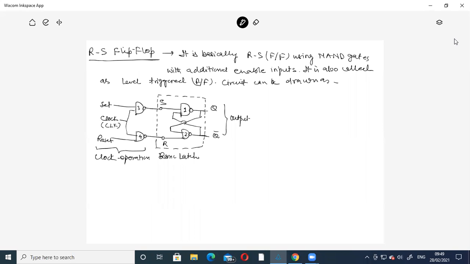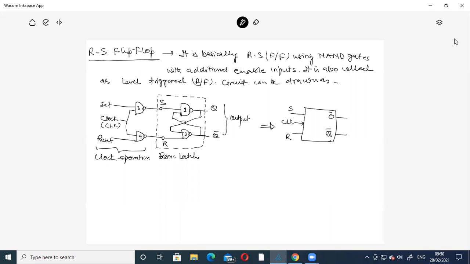The whole symbolic circuit can be reduced in this form, as this is S, this is R, and here it is clock, CLK, and this is Q, and here it is Q bar.